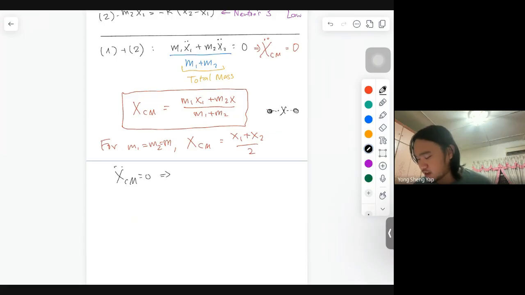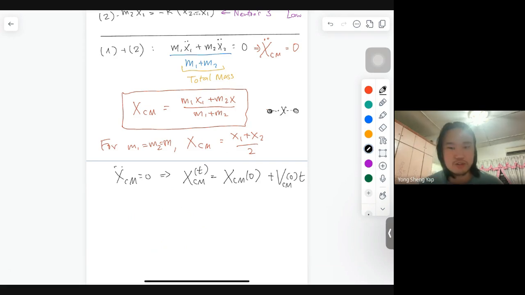This tells you that the center of mass position equals the center of mass position at the beginning of time plus the velocity of the center of mass at the beginning of time times how much time has gone. That's one thing that you have seen before.